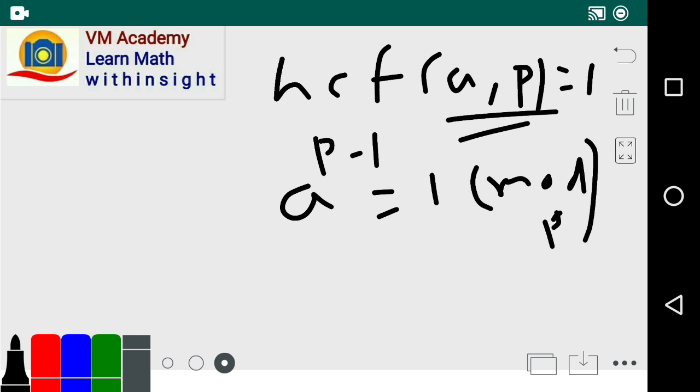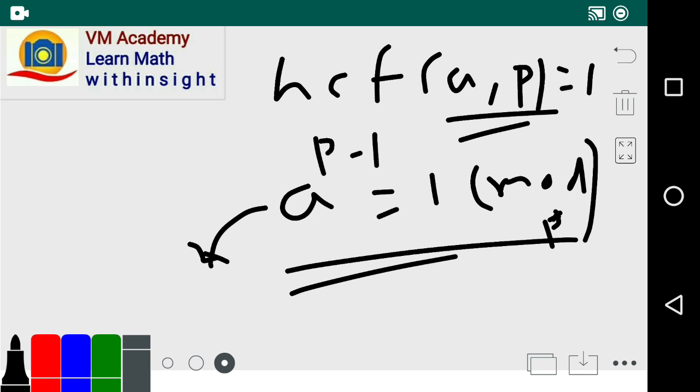Euler gave a general version of this by using the totient function.